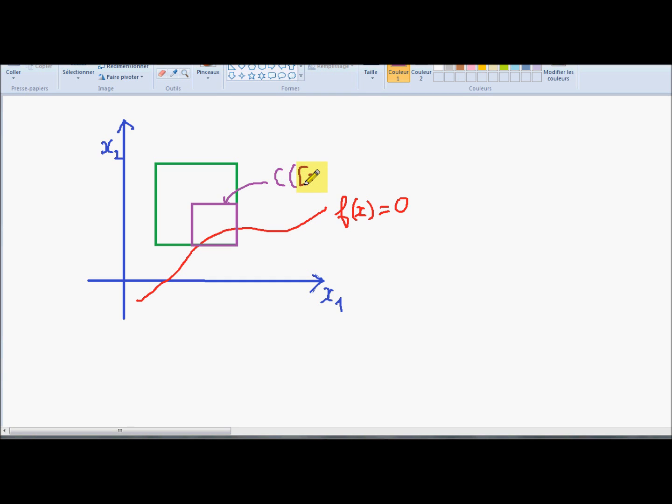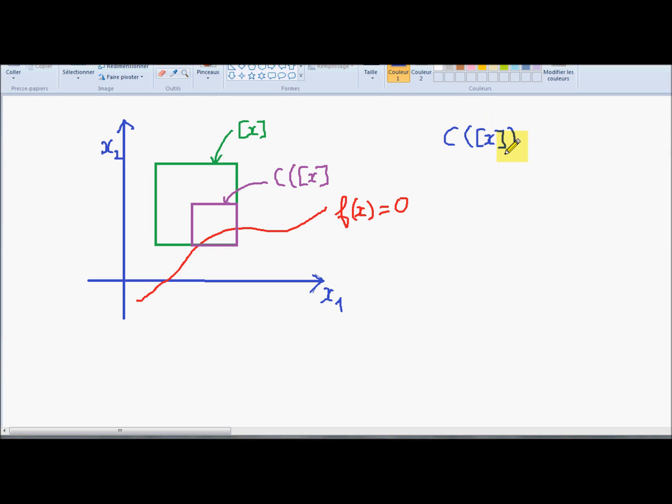So C is a contractor. And here in green you have the box X. So the contractor C is an operator which associates a box X to another box.